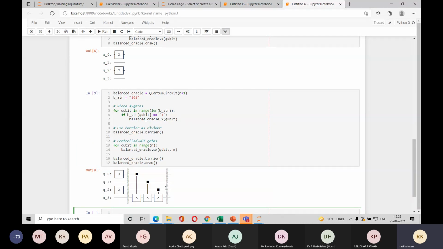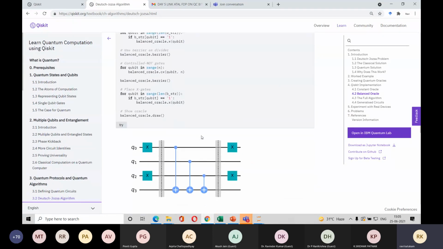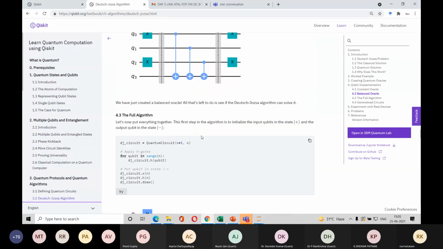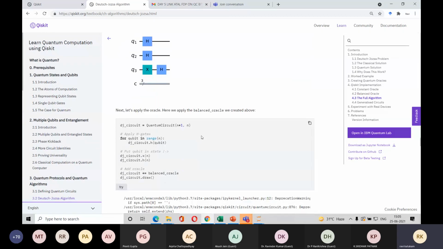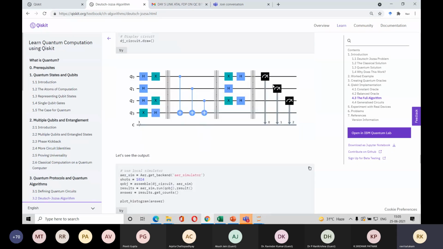Okay, these are the inputs, and this is what the circuit is. So now at the end, you perform the H operation before you go for measurement.